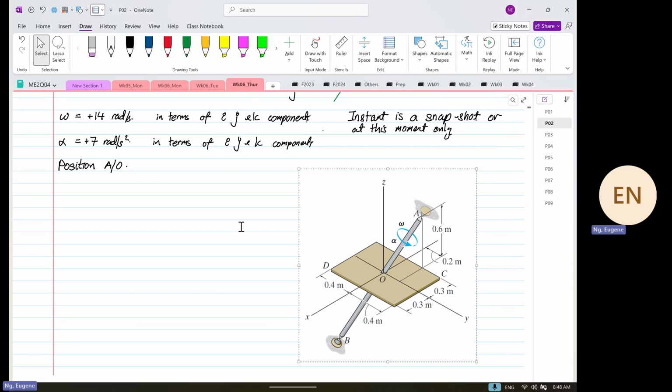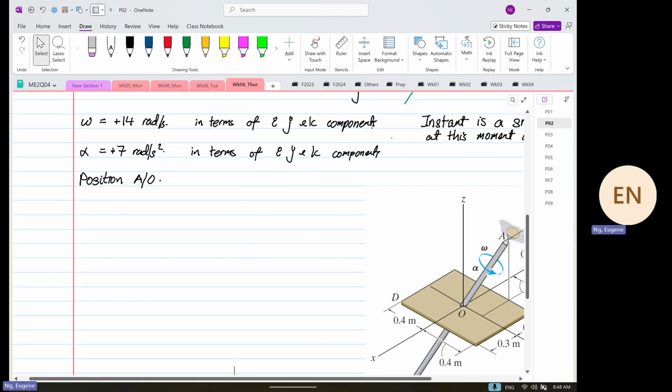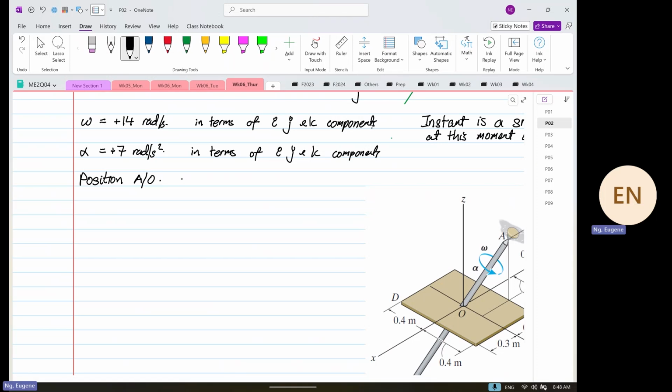Why is that the case? Because we have to relate our omega and position.